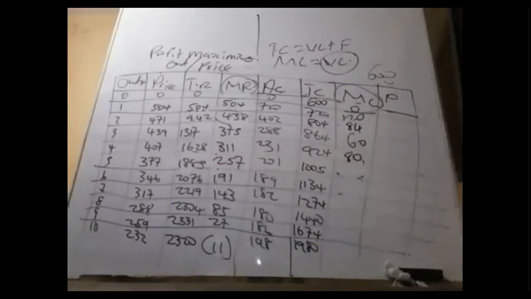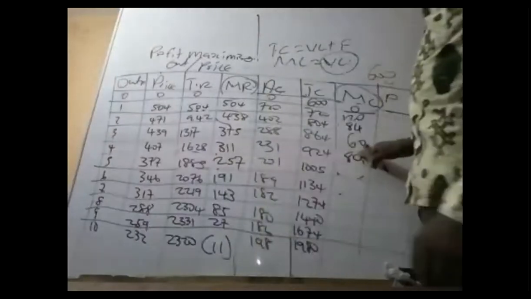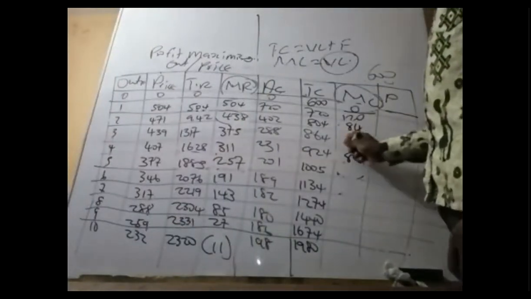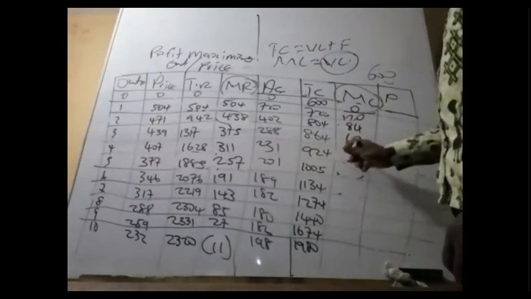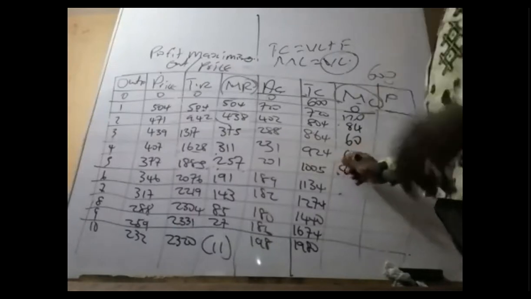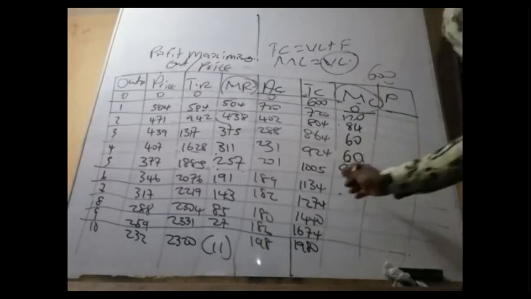I'll take that. So 60, 81. Oh okay, this one is 60 again. Another 60 again. 81. 129.